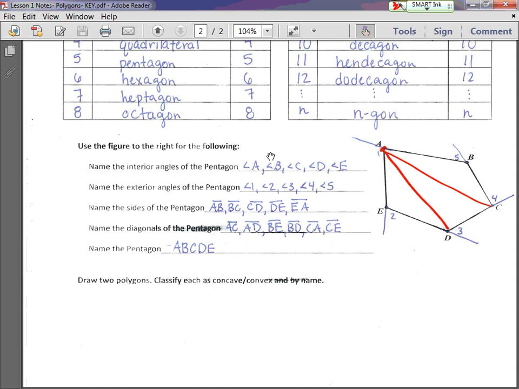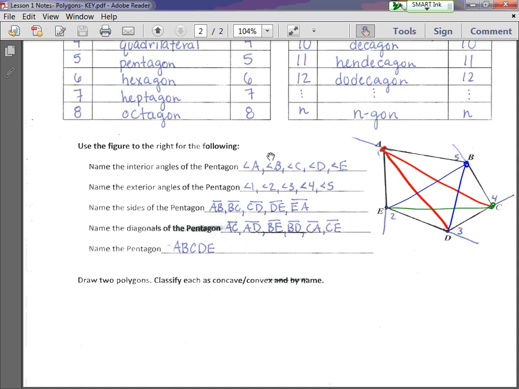Now as I move on to vertex B, again I don't go adjacent, so I would have BD, BE, as you can see there. When I move on to vertex C, I don't go adjacent, so I'd have CA, but I've already represented that with AC, so you don't need to write it twice. That segment's already listed. And then CE. By the time I get to D, I've already done all the diagonals, and same with E.